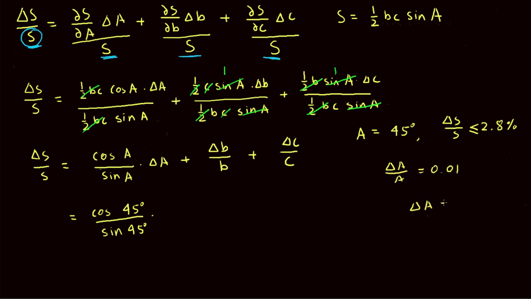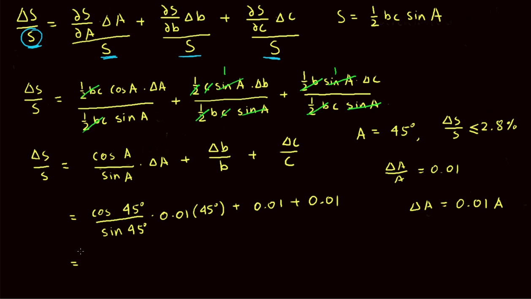So delta A is just 0.01 times A. So 0.01 times A is, well, 45 degrees. Interesting, we put 45 degrees right here. Plus delta B over B, we remember 0.01, plus delta C over C is 0.01.